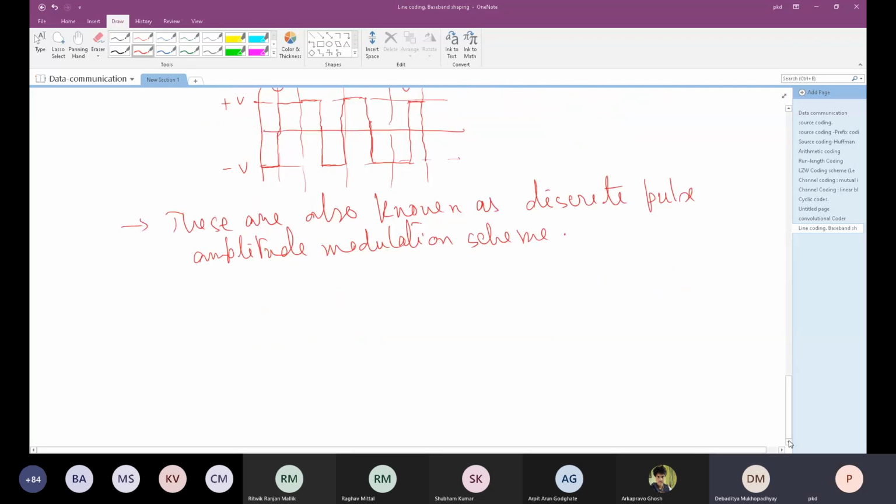So now let us see how we can compute the power spectra, because our interest is in the bandwidth requirement corresponding to various pulse amplitude modulation schemes.